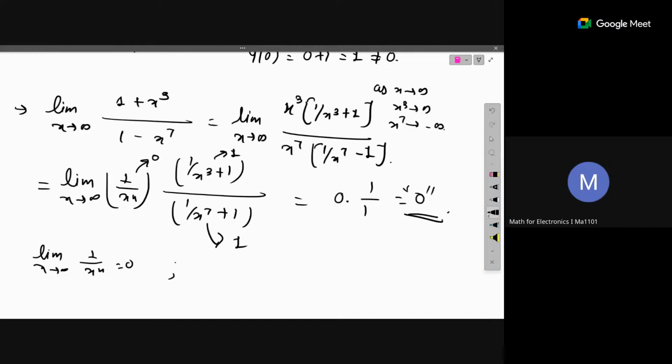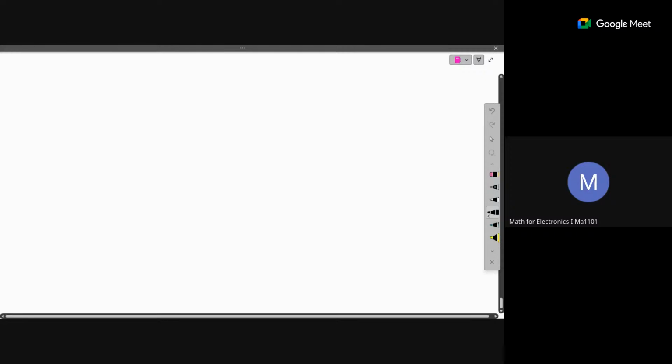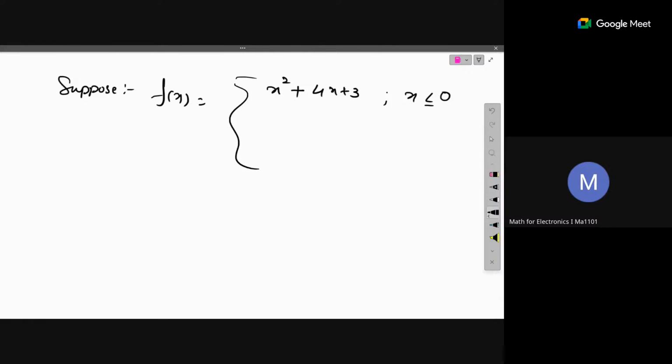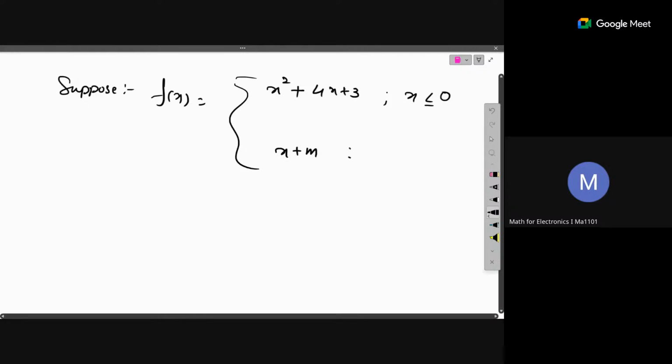Okay. Now I'll give you one question here. Suppose f of x is equal to x square plus 4x plus 3 when x is less than or equal to 0, and it is x plus m when x is strictly greater than 0.